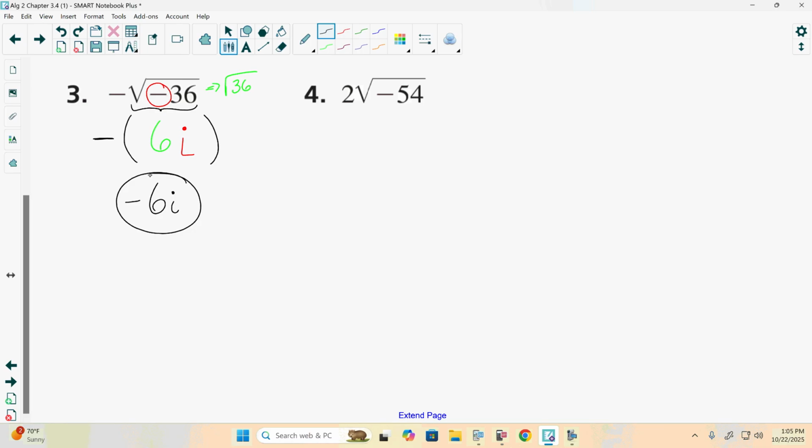And our last one, 2 times the square root of negative 54. So we still have our 2, and it's going to end up being multiplied with whatever the square root of negative 54 simplifies to. Now the negative, again, we know that it's going to come out as i.